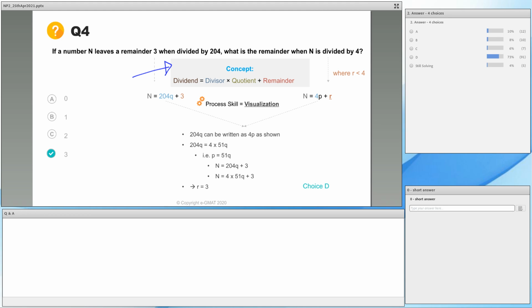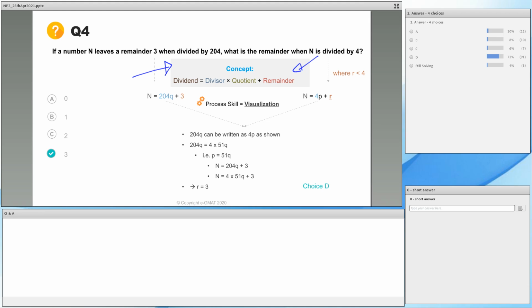Some people call it the divisor and remainder equation. Some people call it the Euclidean remainder theorem. You guys have all seen it, but from here on, all the questions that we are going to solve, we are going to use this equation in some way or the other. It's the fundamental. In fact, if you guys are not familiar with this, write it down because we're going to use this repeatedly.